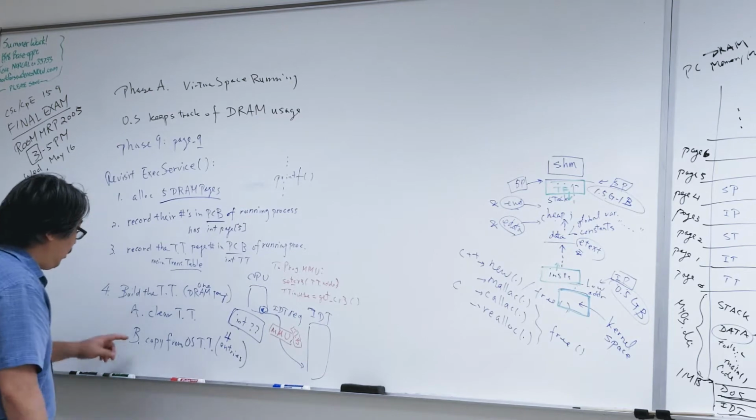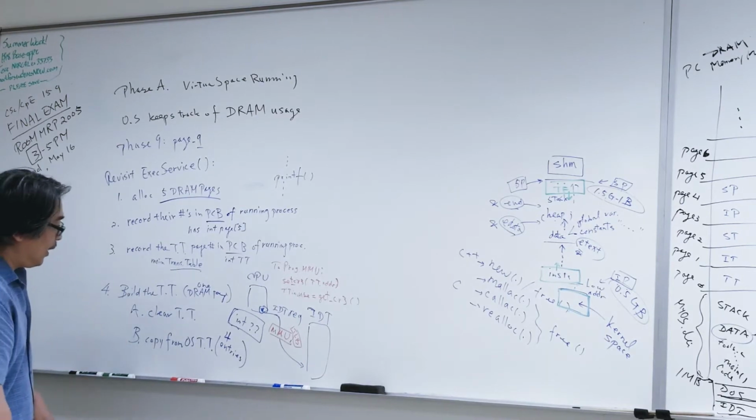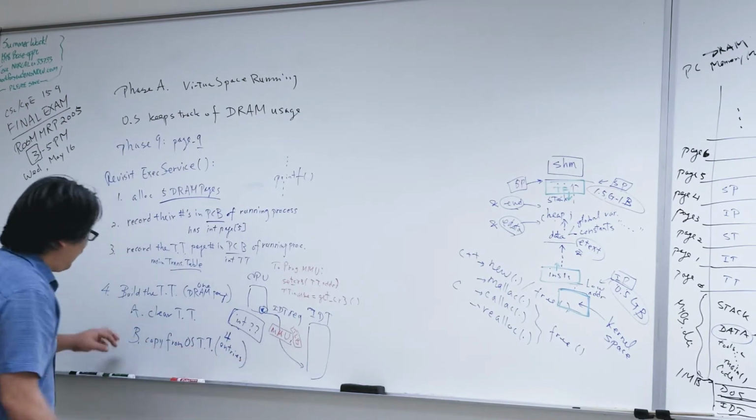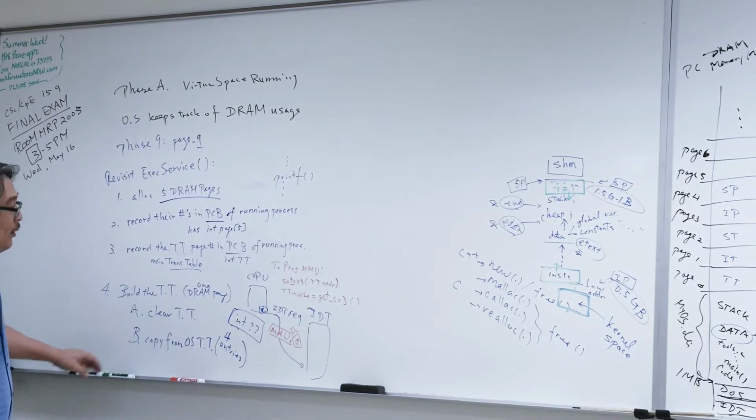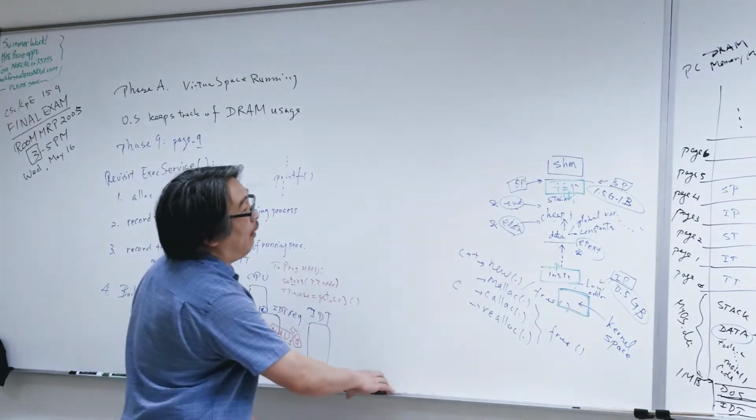Okay, so here's the reason why. We're going to copy from the OS translation table. 6 entries. We copy 4, and then what about the 2 other entries? For those 2 other entries we need to know the reason.